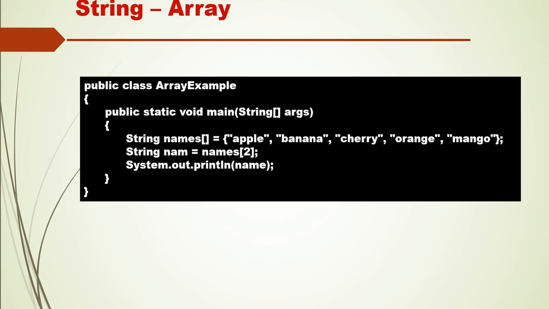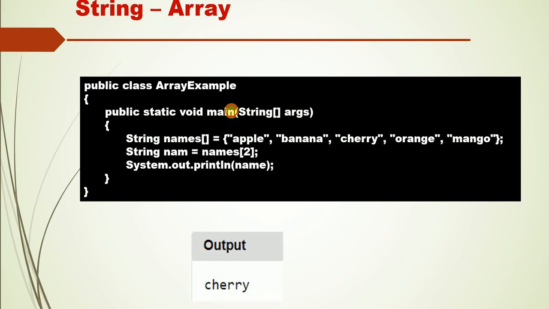In the second statement we assign the value of the third element of the names array, and print this value using System.out.println nam. That will print this value, cherry.